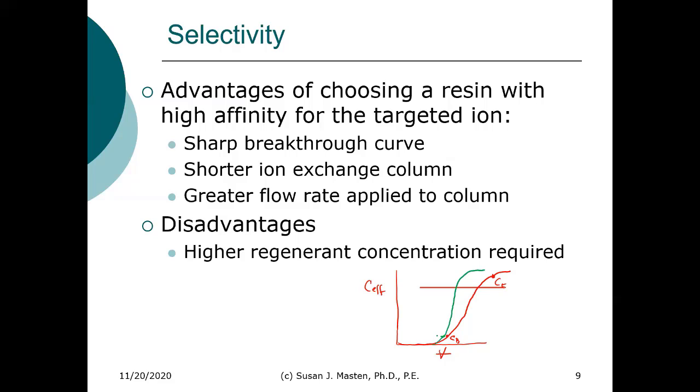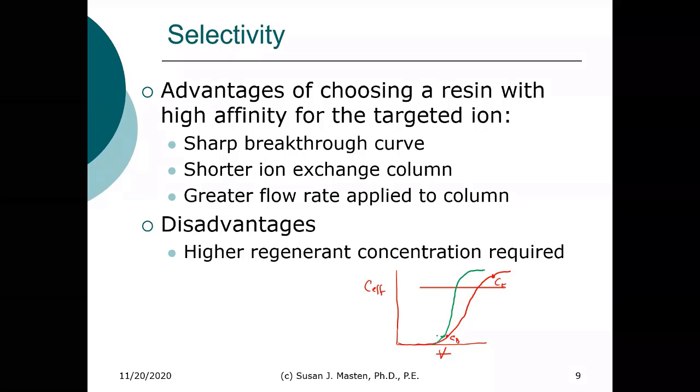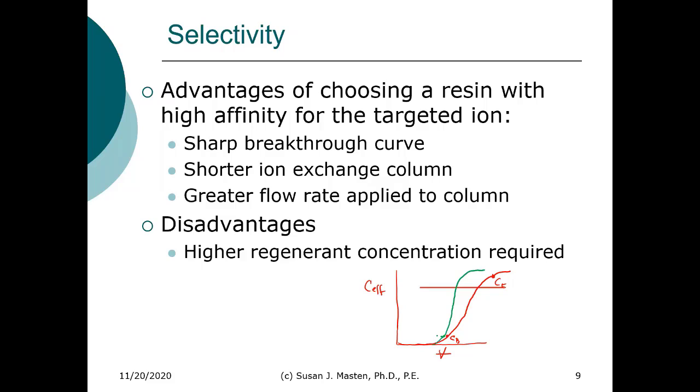Now let's think, where would we want a resin to have a very high degree of selectivity? And in what types of situations would we want to maximize the selectivity?